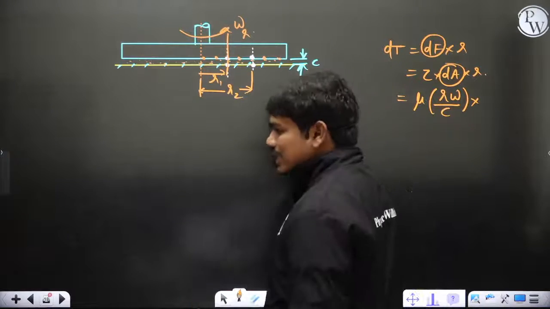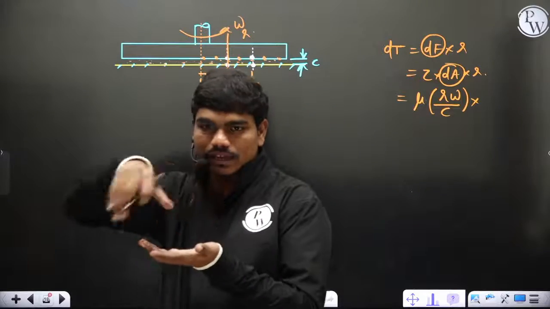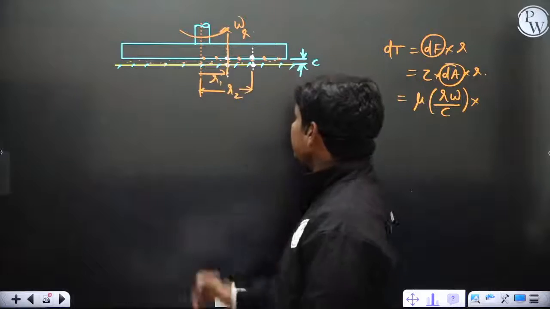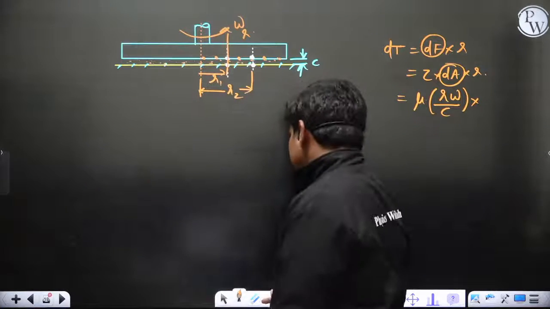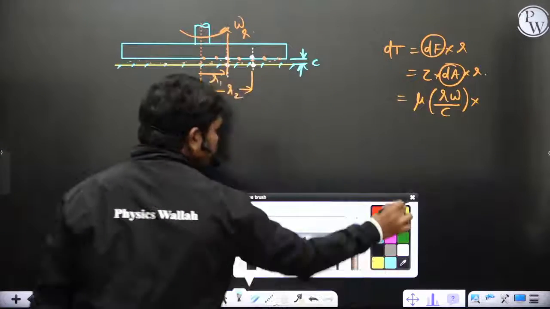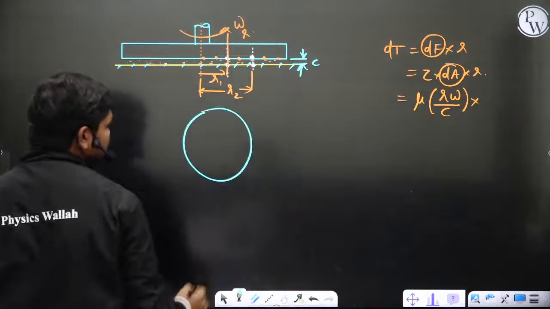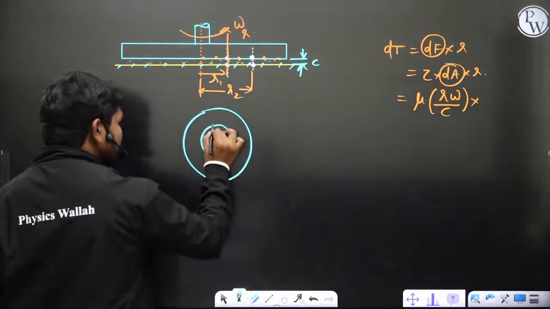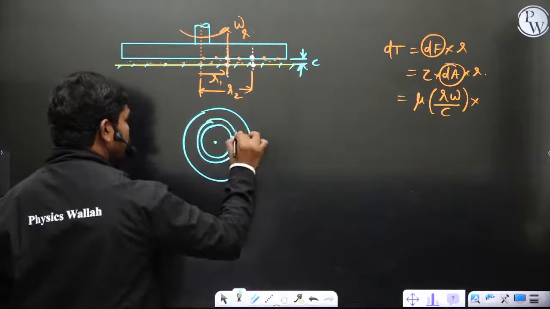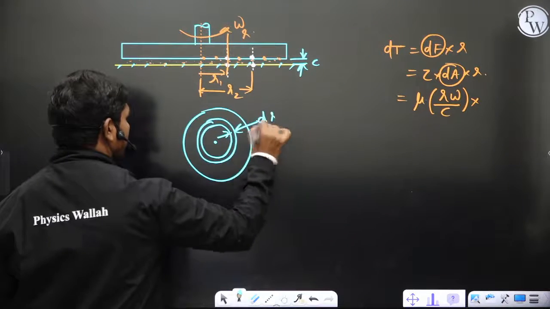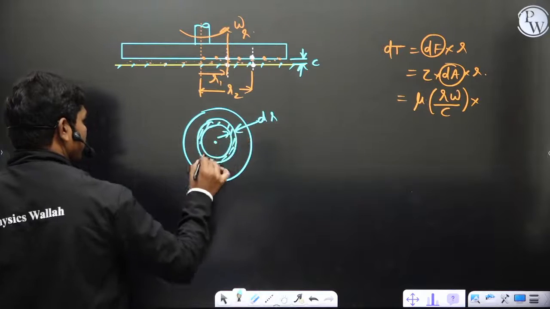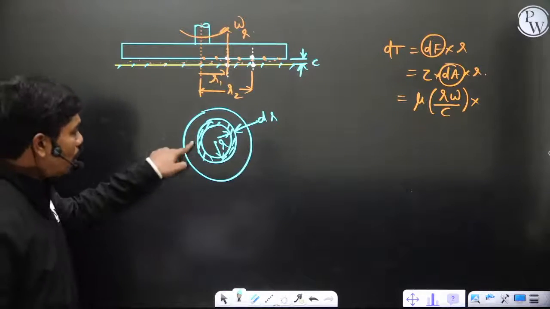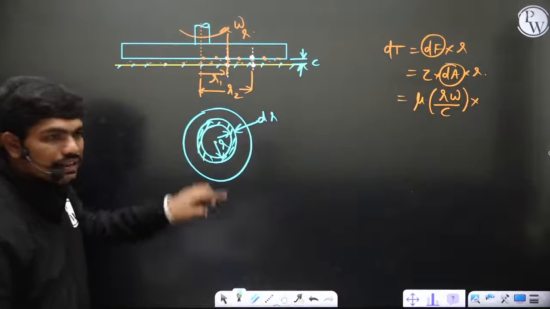Now the dA in this case: let us suppose the disk is rotating on that flat plate with viscous oil. If you see the top view, this is the disk and this is the center. All the particles at a radius r, with a small variation dr, will have the same shear stress.